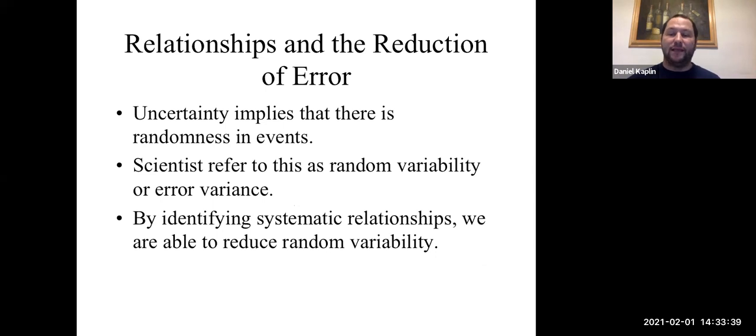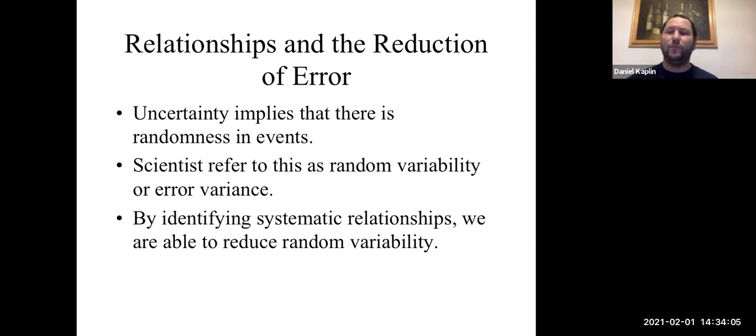Now, the next thing we want to talk about is reducing error. So in all studies, we want to reduce the amount of error variance, error variability. So the smaller amount of error variance we have, the better things are. And we're going to talk about small error equals greater consistency, greater reliability.